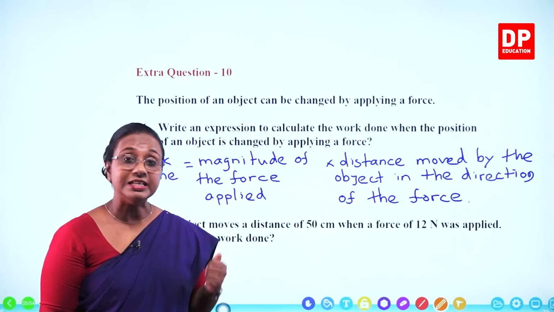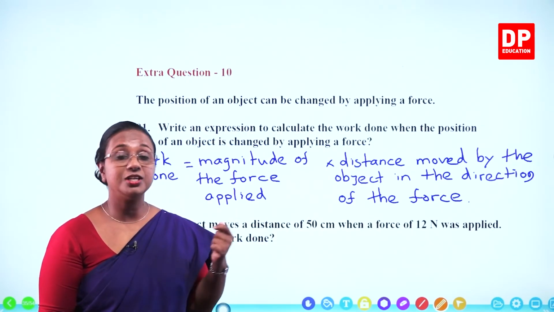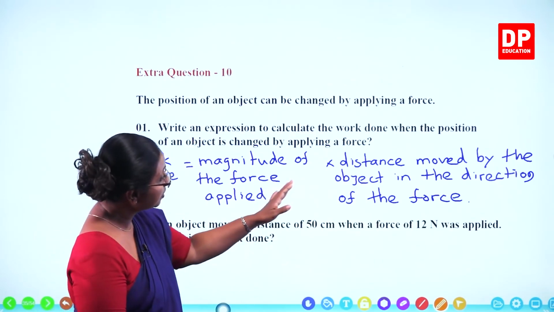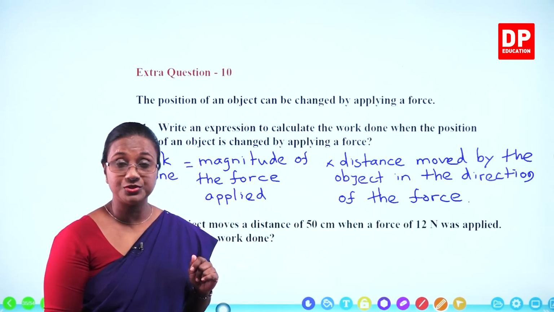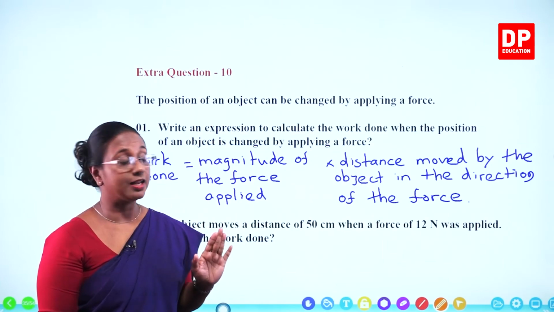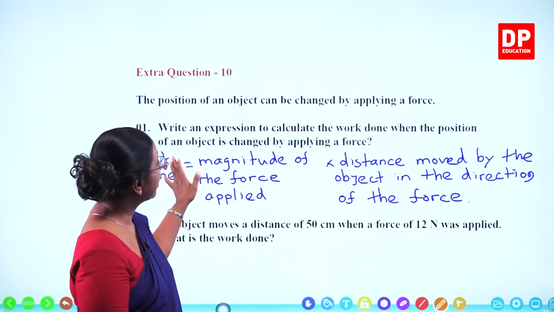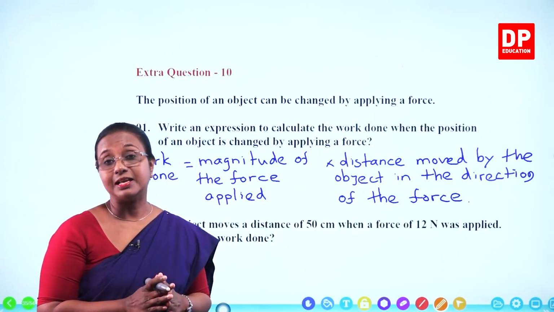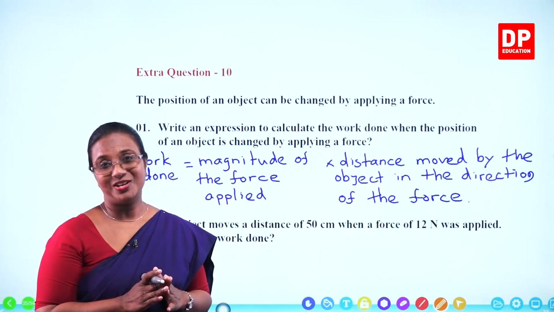Because distance moved in the direction of the force will give you displacement. But when you are asked to write the expression, it is always better to give the complete expression. Is that clear to you all?